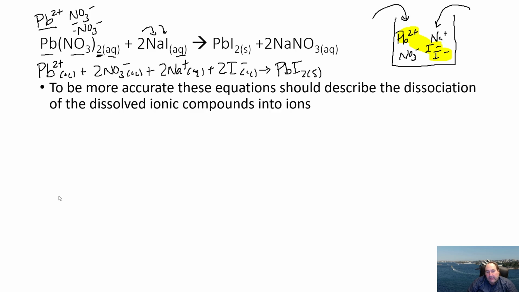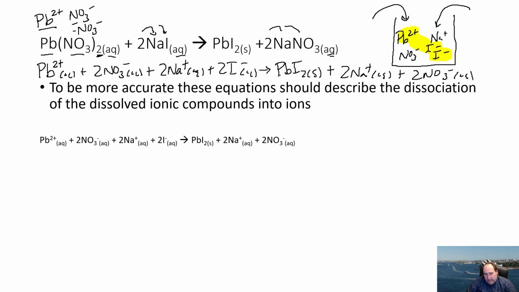So anything, again, that's a solid, a liquid, a gas, or a weak electrolyte will stay together. So that will stay together. This is a strong electrolyte, which is an ionic compound, and that 2 will get distributed to everybody behind it. That will make 2 sodium ions and 2 nitrate ions here.